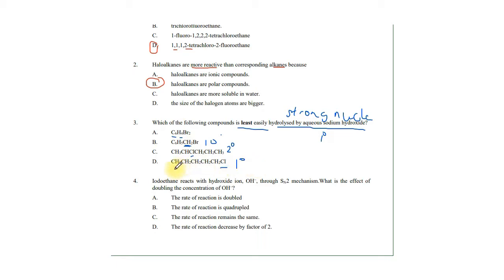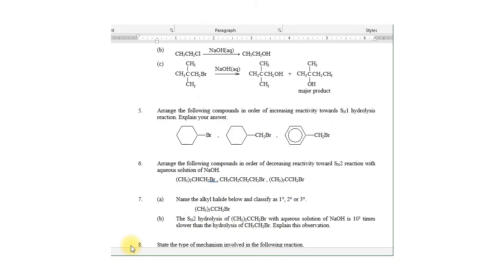D is the easiest one, so this is number 1. Between B and C, although C is a secondary haloalkane and B is a primary haloalkane, C is easier because B is a benzylic haloalkane. If you still remember question number 5, arrange the following compounds in order of increasing reactivity towards SN1 hydrolysis reaction, explain your answer, the concept is the same.